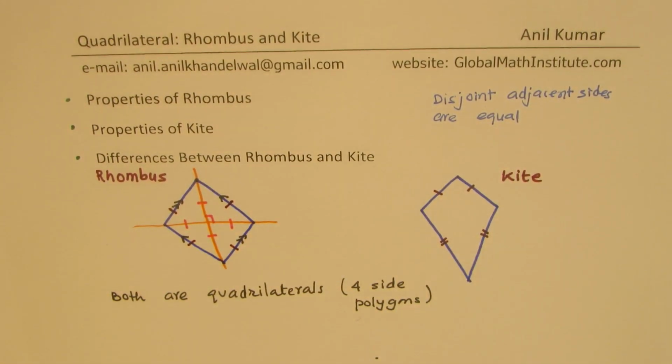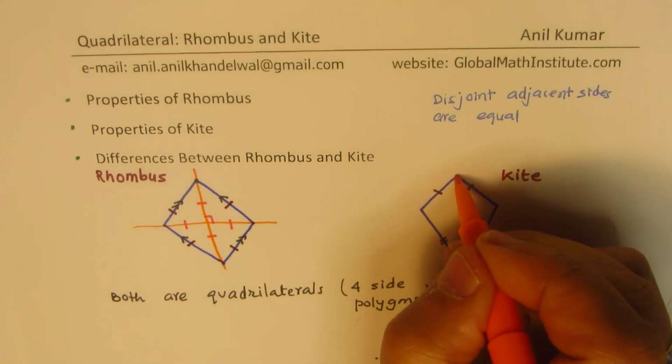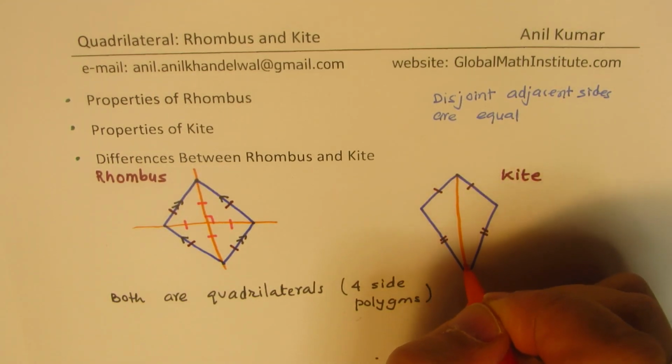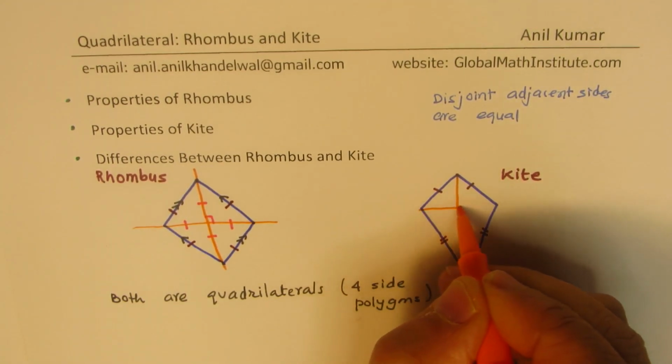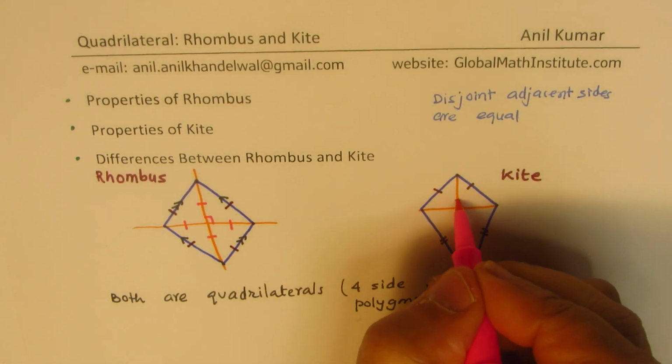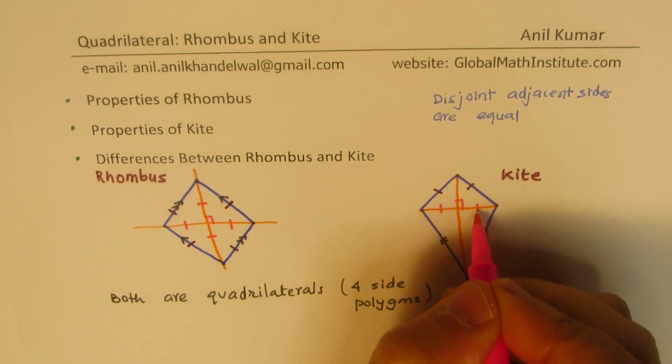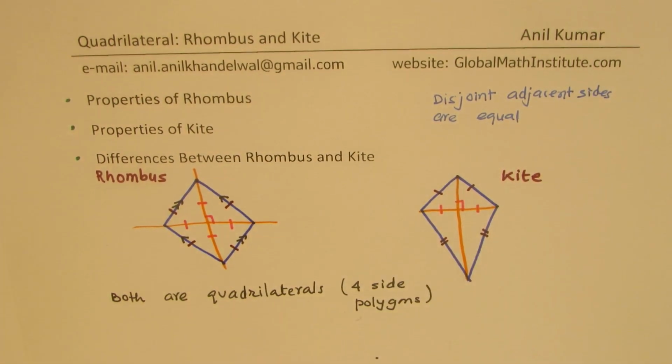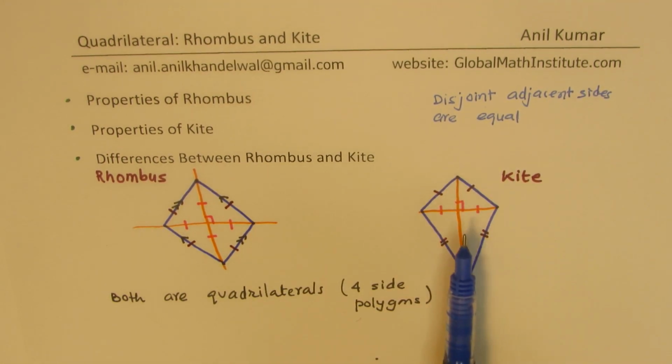However, in case of a kite, when I draw these diagonals, we find that the diagonals are not both equal, but they do bisect one side, right? So here we notice that one is a major diagonal and one is a smaller diagonal, correct?